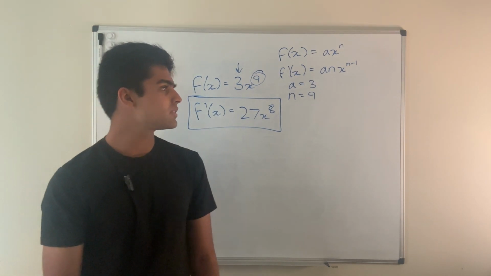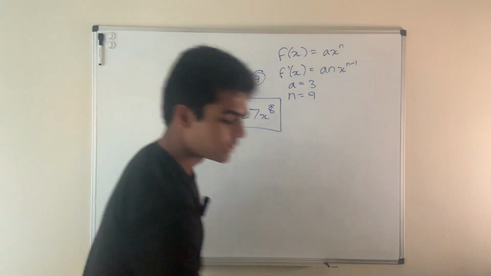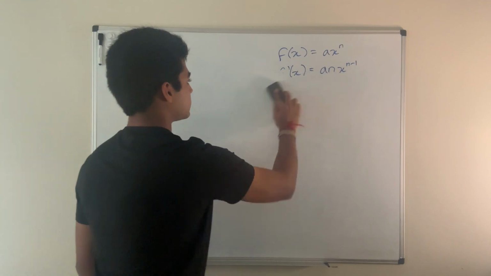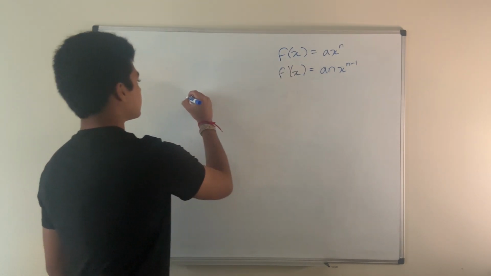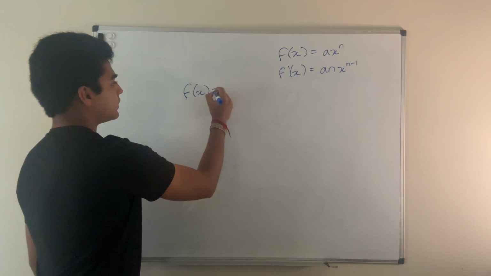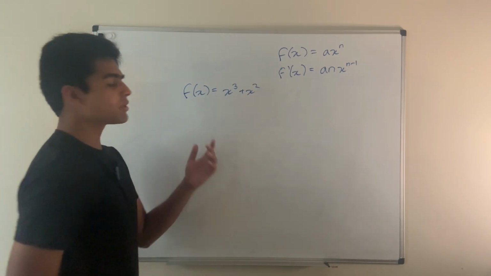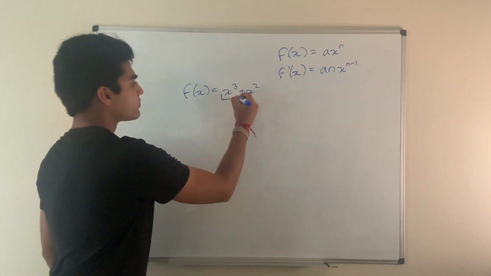Yeah, and you can have this with multiple terms, like if you have, suppose, f of x equals x cubed plus x squared. Now the cool thing about this, you can break this up into two.